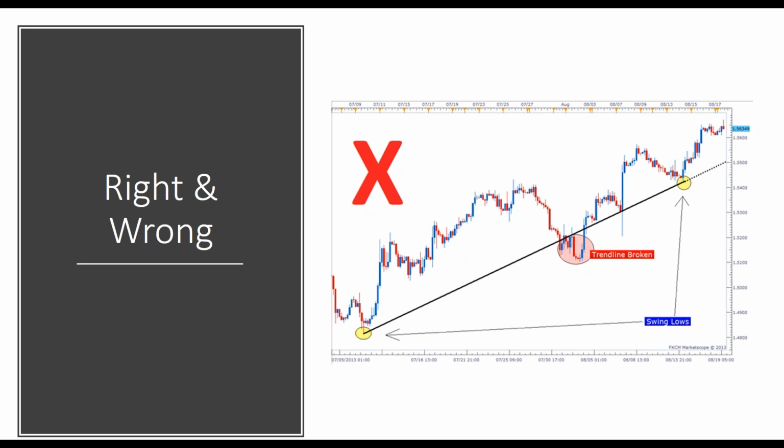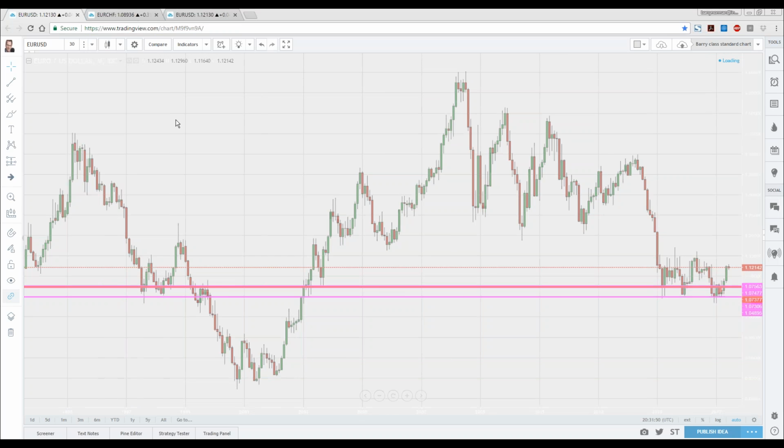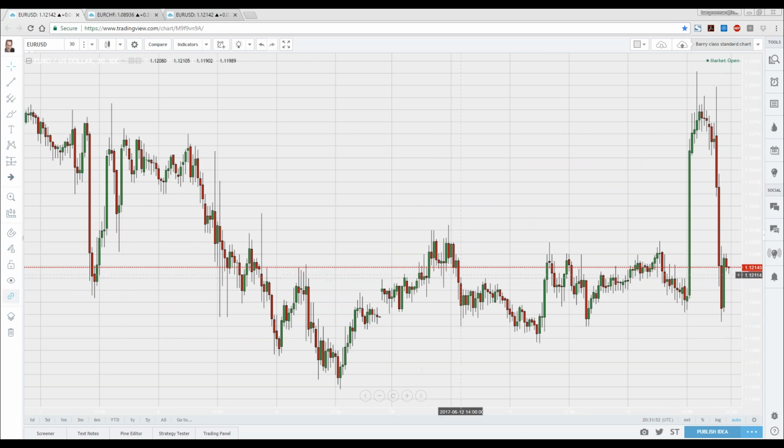So here, let's go back and look at that chart again. Let's go look at a 30-minute chart. And we can see that the euro basically has been trading in congestion. Let's take out of the scenario the Federal Reserve action, because that was an outside circumstance. And as you can see, before the results, the price went up, then it came back down, ended up right where it was.